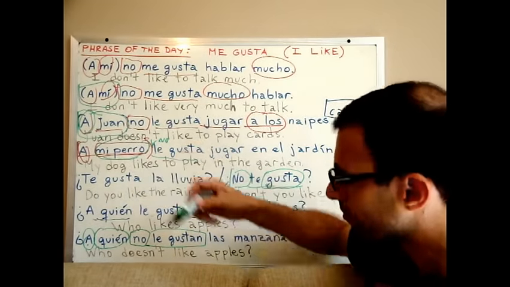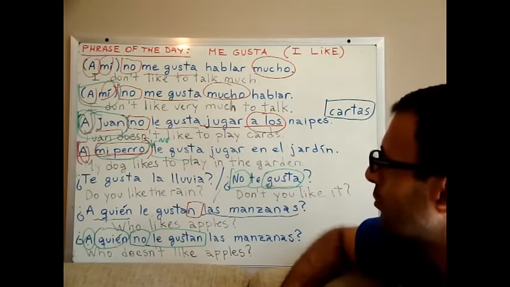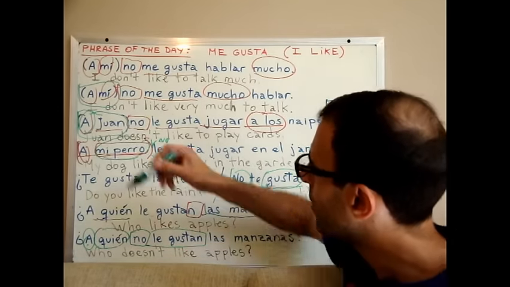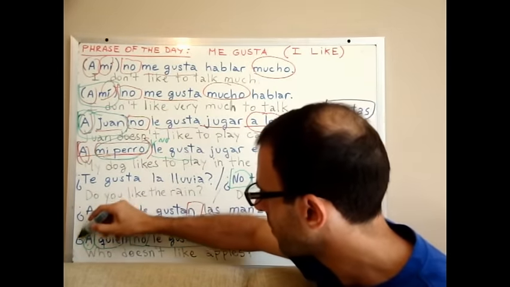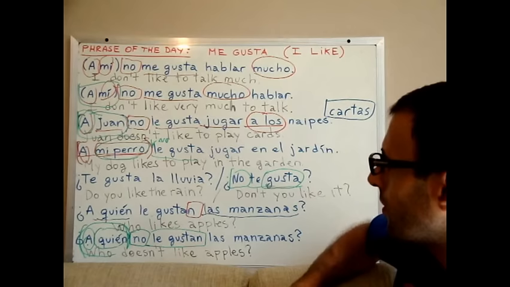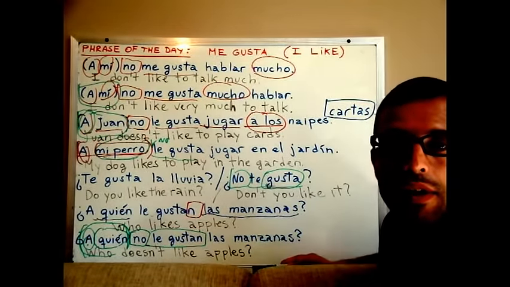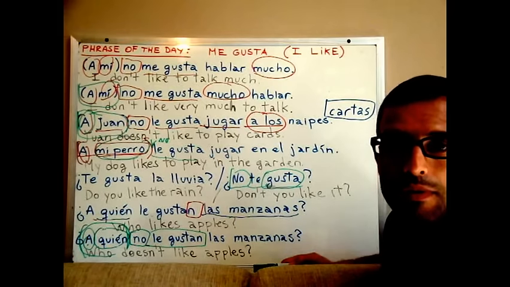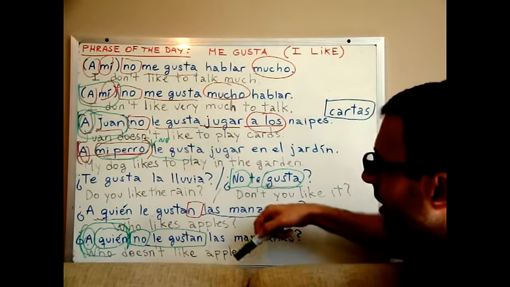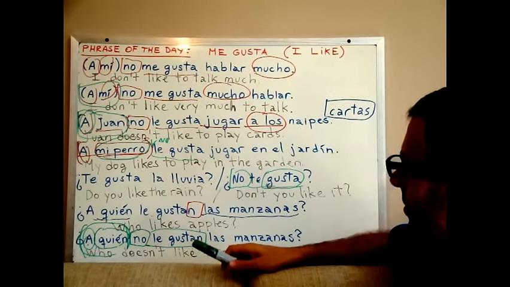Like here. So if we omit the first part, as in all the previous examples, we will just say, ¿no le gustan las manzanas? Don't they like apples? Right? It's the same structure as in the previous cases.